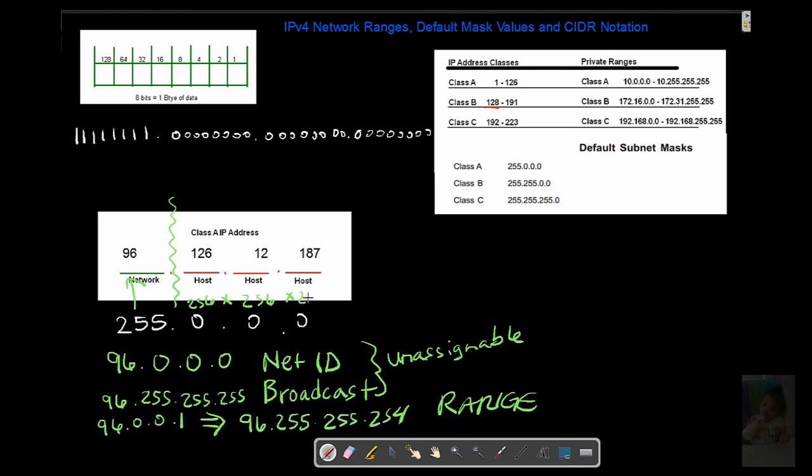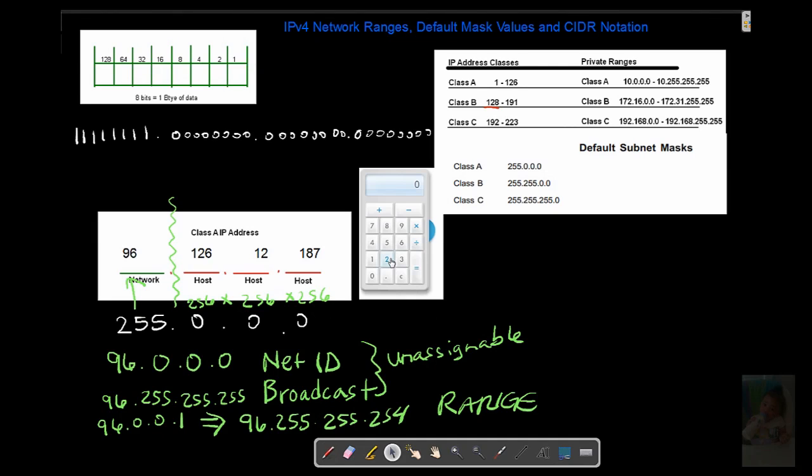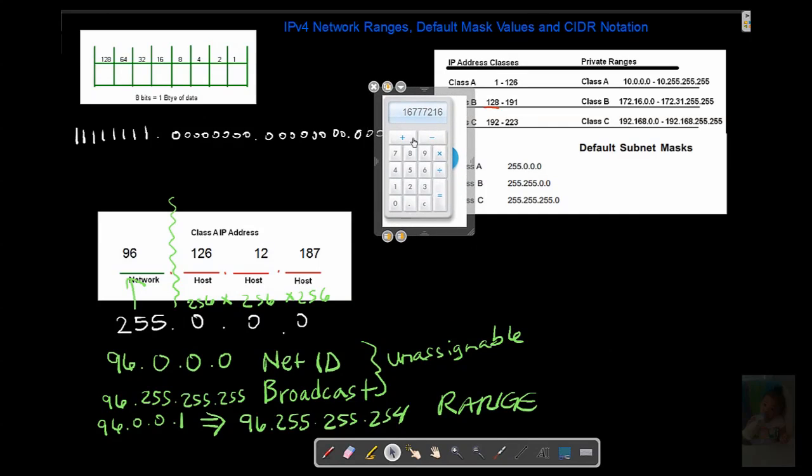We can use 256 here, which is going to mean 256 times 256, there's our 65,536, if you remember that from our Class B. Well, now we've got a whole other octet to work with: 16,777,216 hosts that we can have in this network. That's extremely large. When would we ever need that?